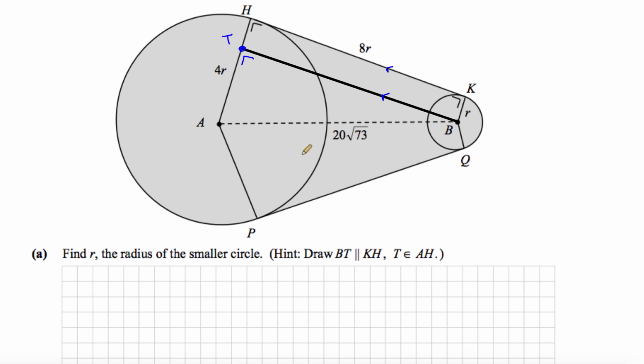So if I'm looking for r, in this right angle triangle here, ATB, so we've got T, A, and B, I'm just drawing a sketch. This side, which would be the hypotenuse, is 20 root 73.